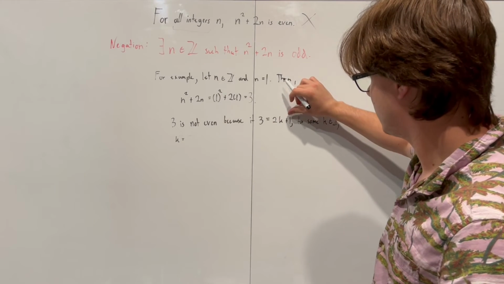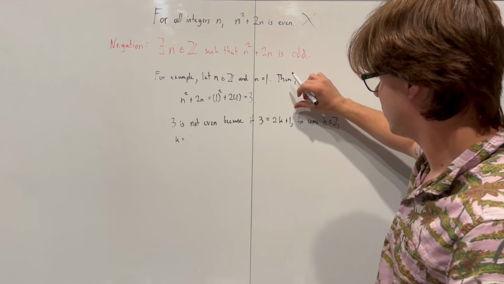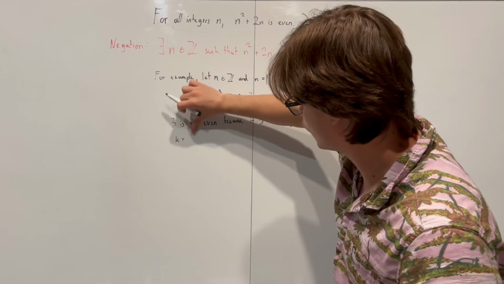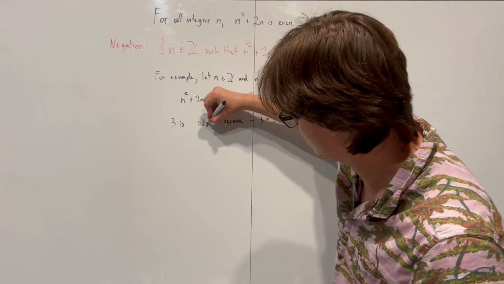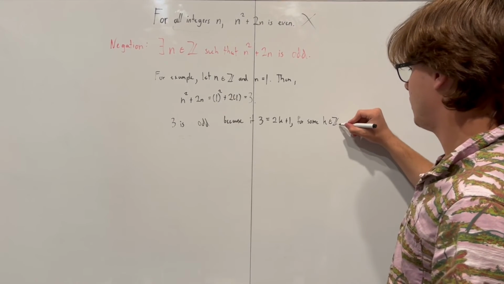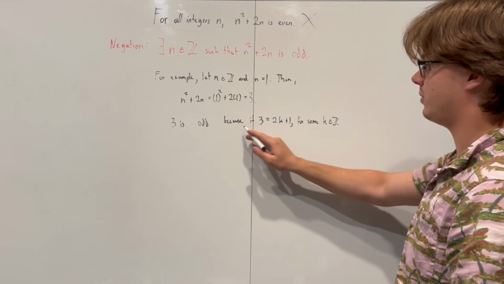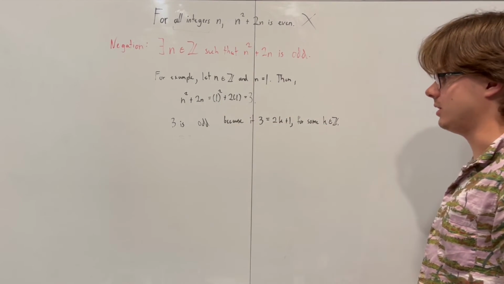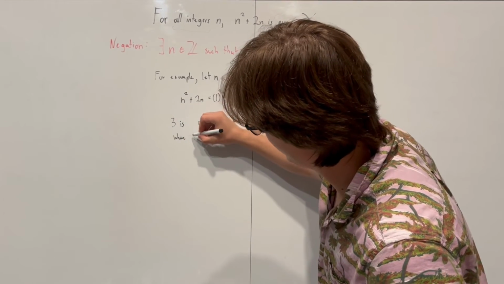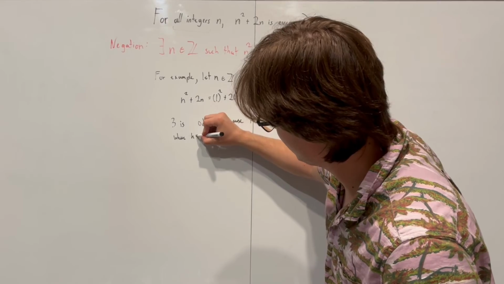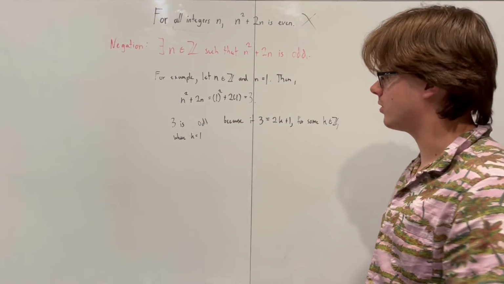Oh, I'm sorry. We're going to say this is odd, my bad. I'll write right below this what you would say if it's even. 3 is odd because for some integer k, where k is equal to 1 in this case.